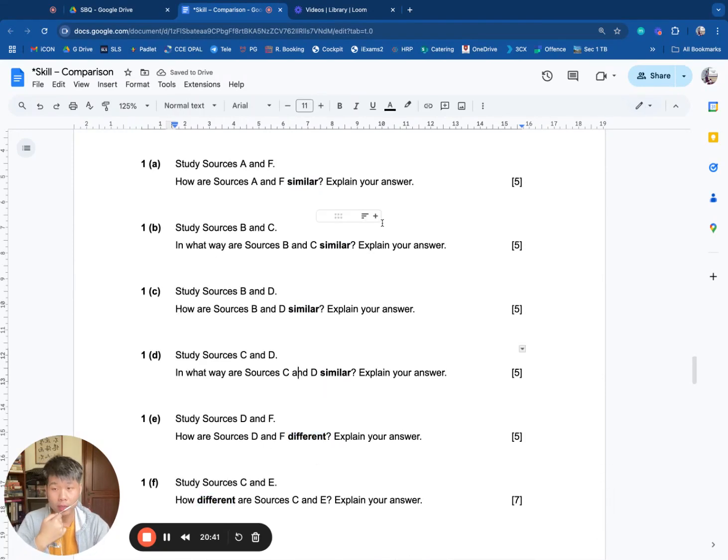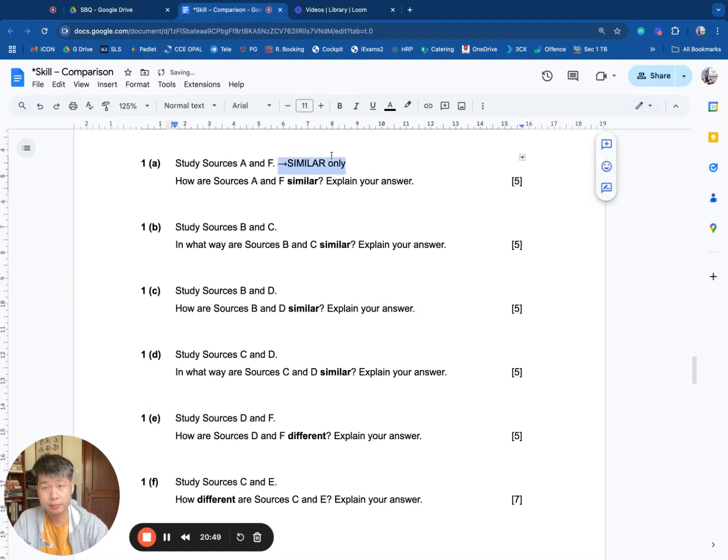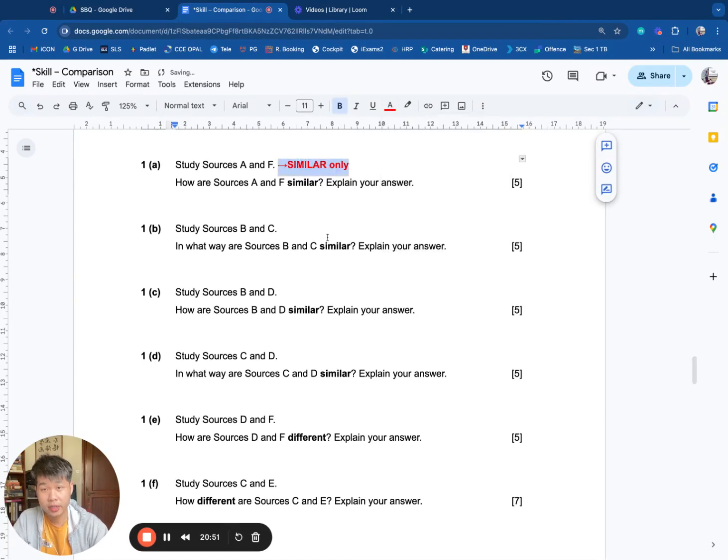If you follow the rule I told you, which is that the word at the end means one-sided, you will have figured it out. This is one-sided, so it's similar only.